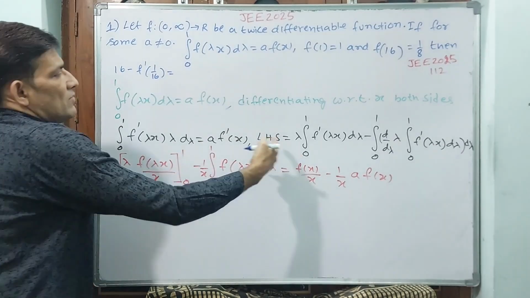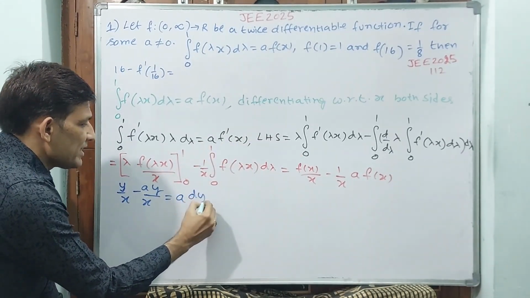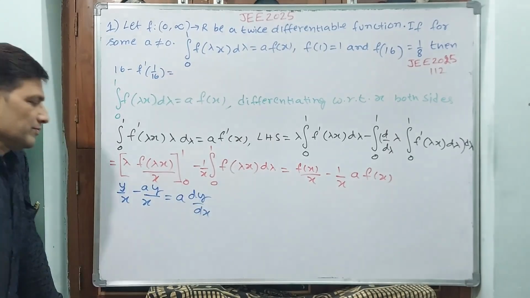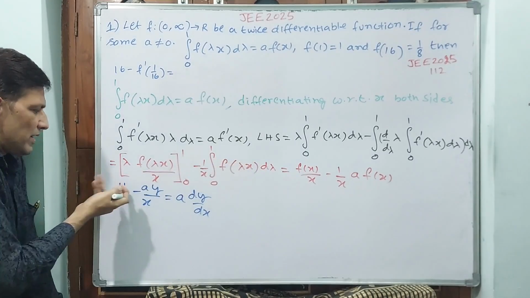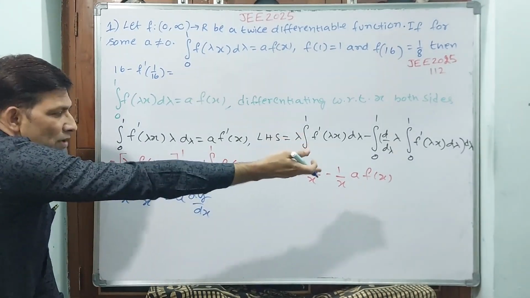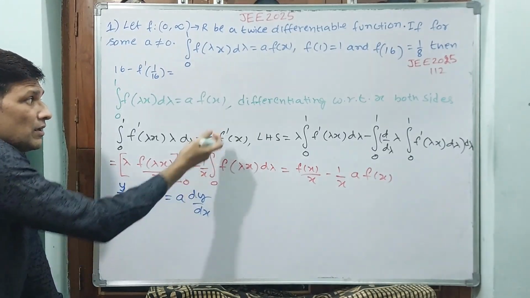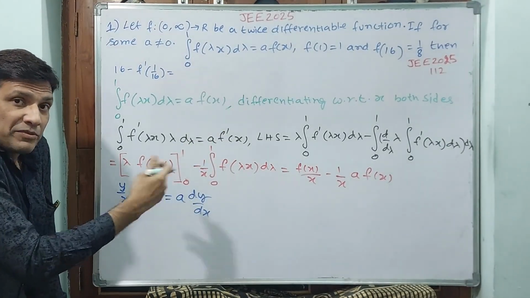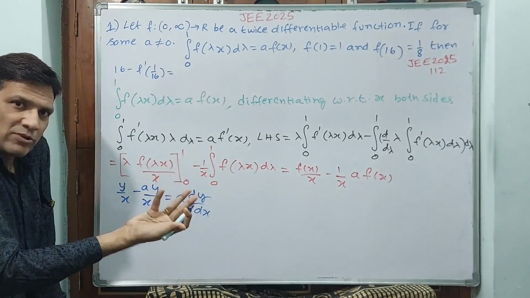Now I am writing the RHS. What is the RHS? RHS is A, f dash, which means dy by dx. Have you understood this step? Why? Because f of x has been replaced with y, so A into y by x. When you replace f of x with y, then f dash x should be replaced by dy by dx, or else you have to write y dash.